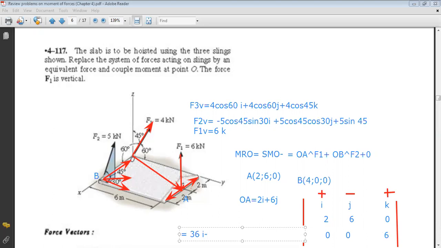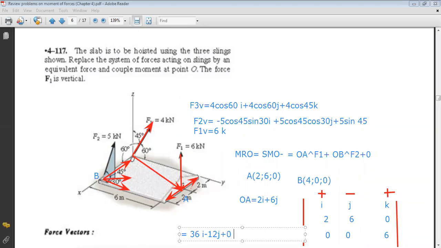Along j you put minus, you have 2 times 6, 12 minus 0, so it's minus 12j. And along k you have 2 times 0 minus 6 times 0, so it is plus 0k.